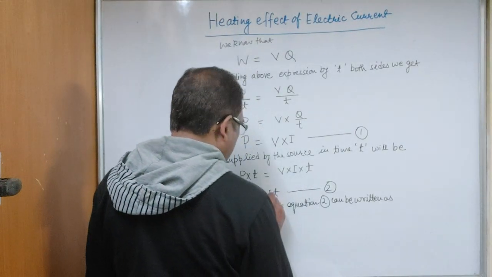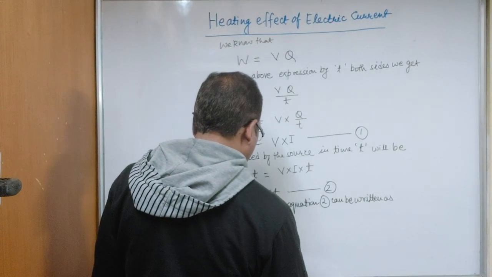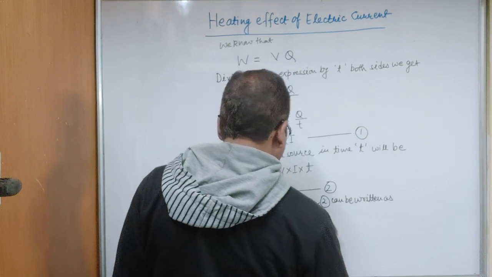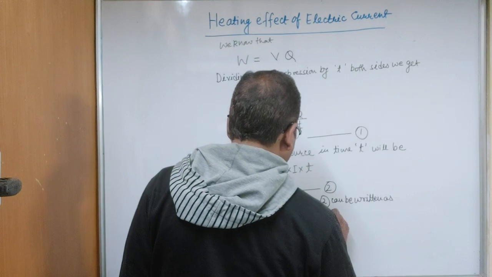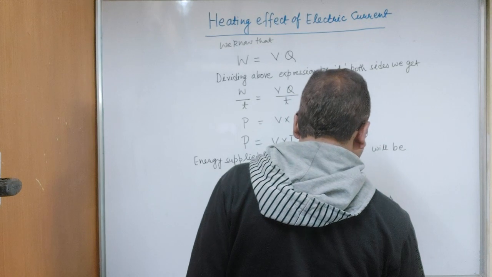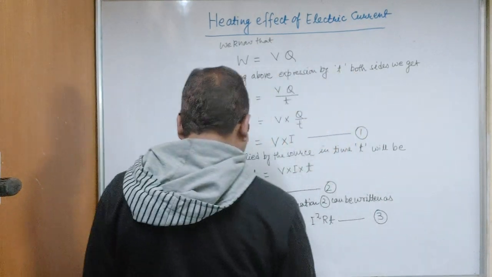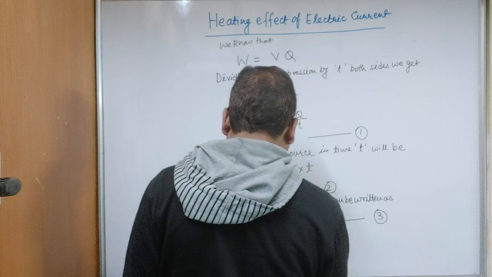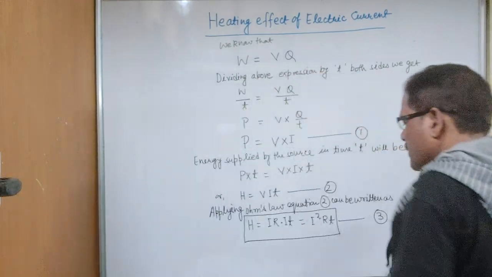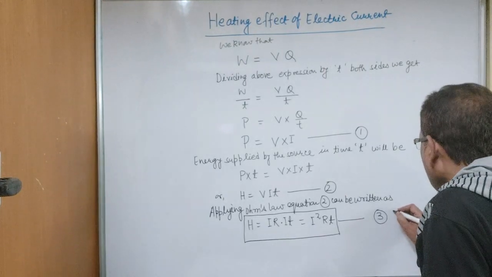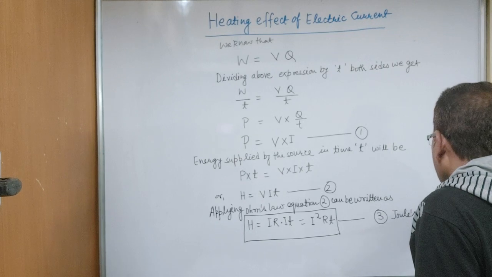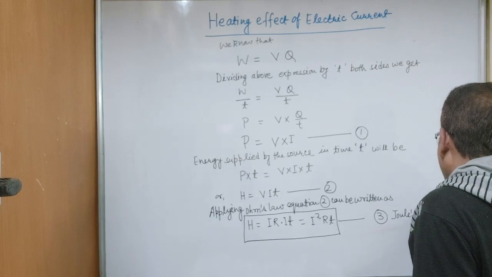So we are writing IR in place of V. So it will be IR into IT. So it will be I square RT. So this is equation number 3 and a very important equation. This is also known as Joule's law of heating.